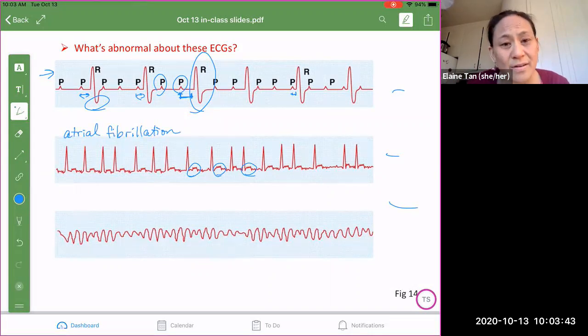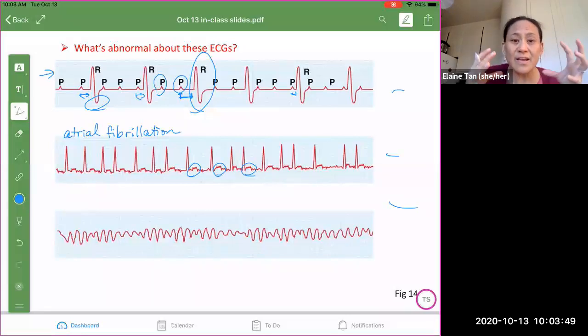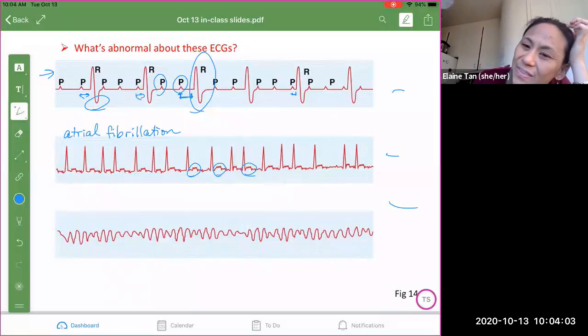The individual cells are contracting and they're having their electrical signals, but since they aren't doing it in a coordinated fashion, they aren't creating that large in-unison electrical signal that can be picked up as a P wave. So does that make sense to people? Everyone good with that? Okay.